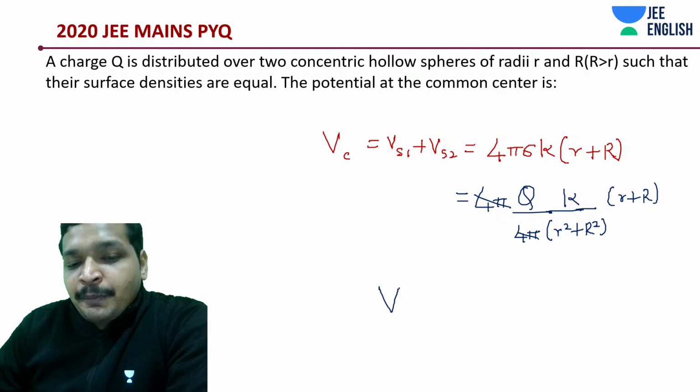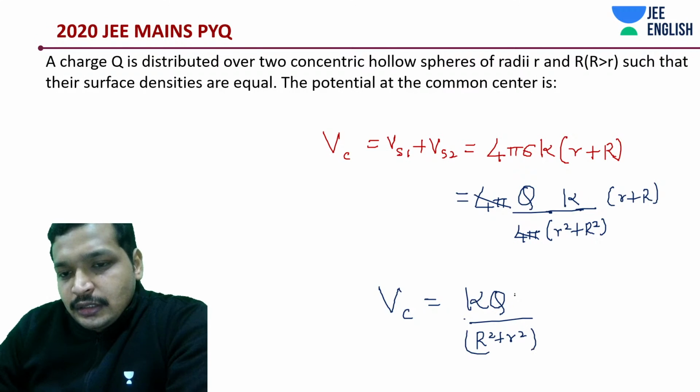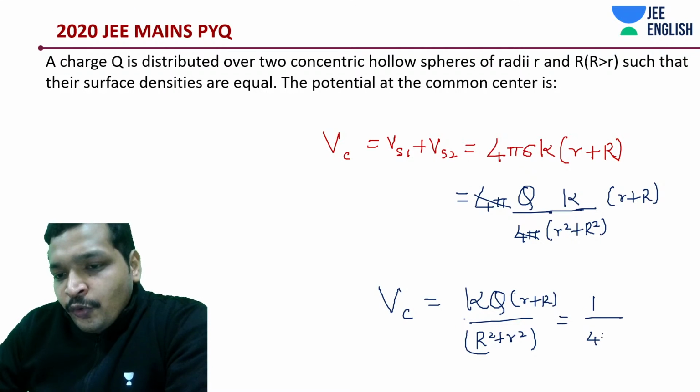That means what is the potential at the center, guys? The center is going to be k into q divided by r square plus R square, into r plus R. This is going to be how much? 1 by 4 pi epsilon naught, or q by 4 pi epsilon naught.